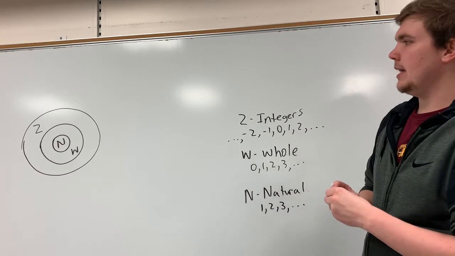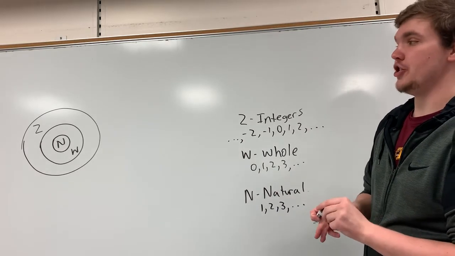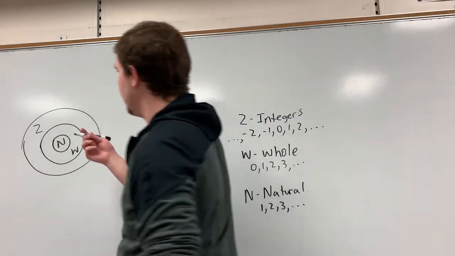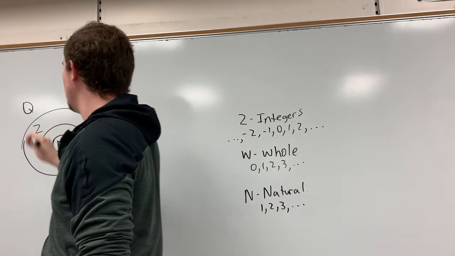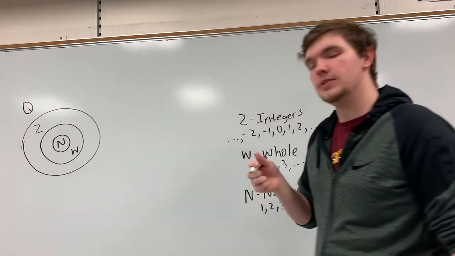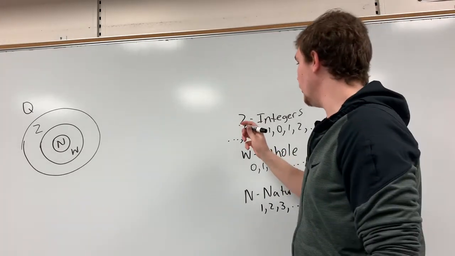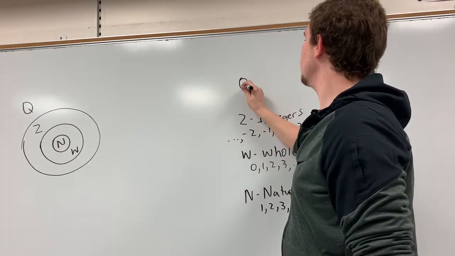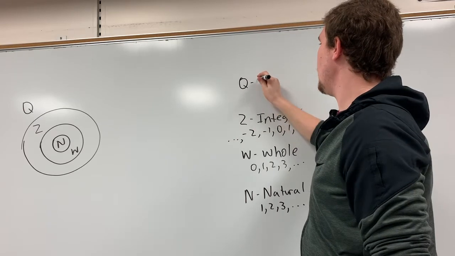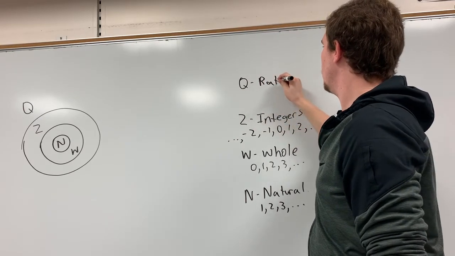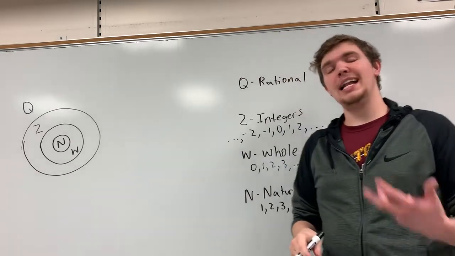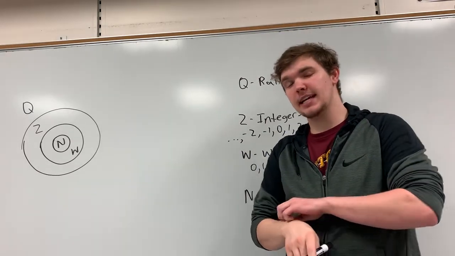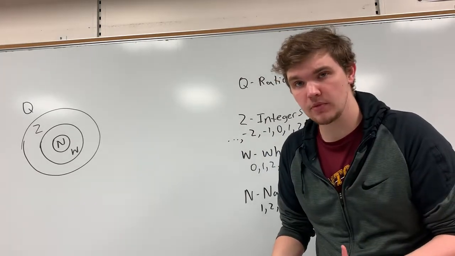Okay? And then beyond the set of integers, I have the set of, I'm going to put a Q here. That Q is going to stand for rational. Rational numbers are anything that can be expressed in terms of a fraction.